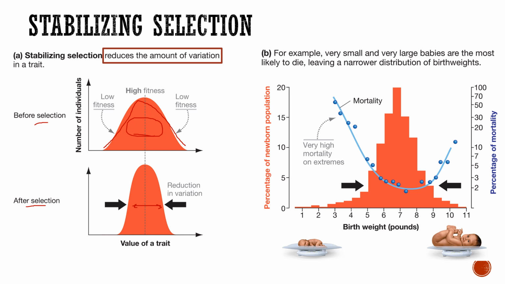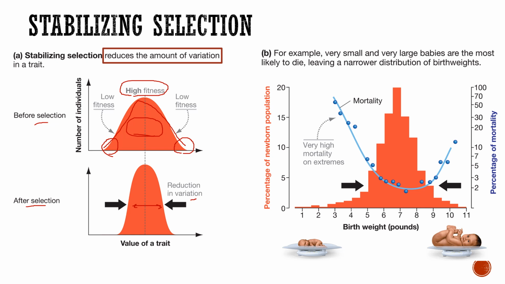Okay, so we've eliminated some of the outliers down here that were really low in fitness on both ends of this. So instead of directional, where low fitness was at the bottom and high fitness was at the top, in this case, the ends of our bell curve are both not very fit, and only the highest fit would be in the middle. All right, so after a stabilizing event, then we have this reduced variation.